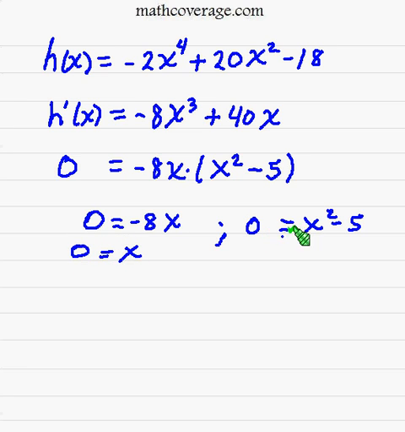And then this one over here, we bring 5 over to the left, it becomes positive 5, and then we have x squared. To get rid of the square, we have to square root both sides. And remember, when we do this, we have to write plus or minus. Alright, so we found our critical numbers.